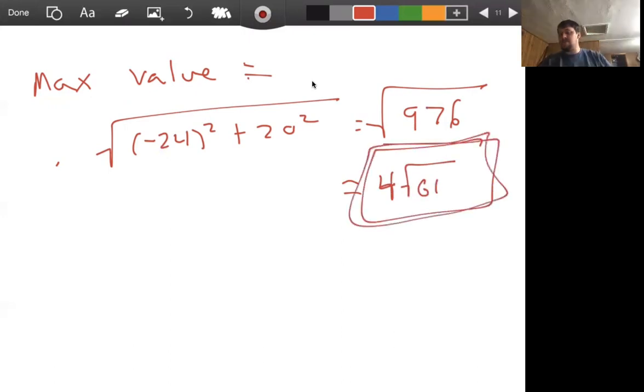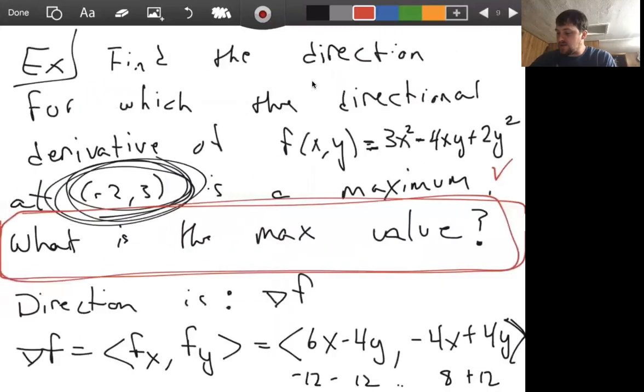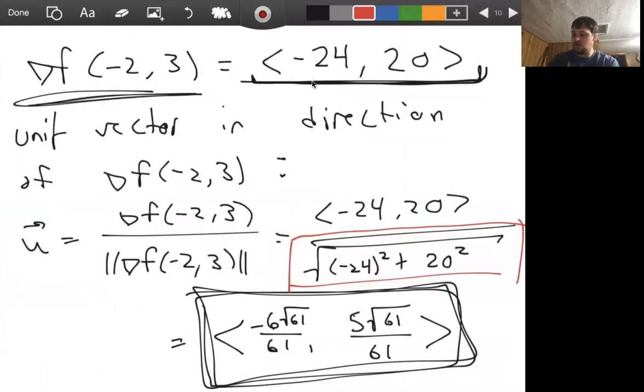Okay, and so this is the max value, and it's changing in the direction given by negative 6 root 61 over 61, and then 5 root 61 over 61.